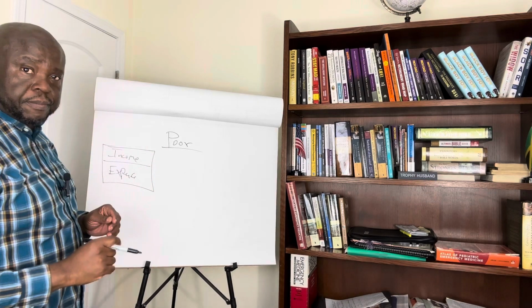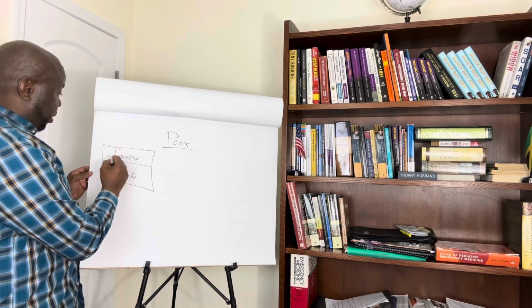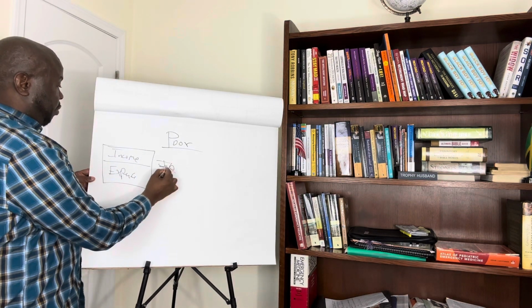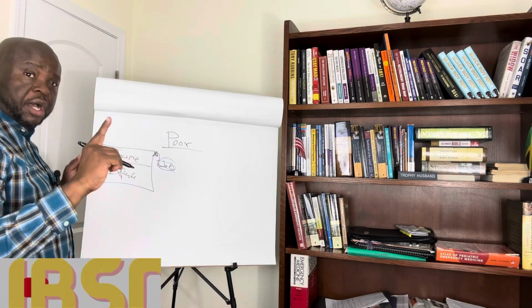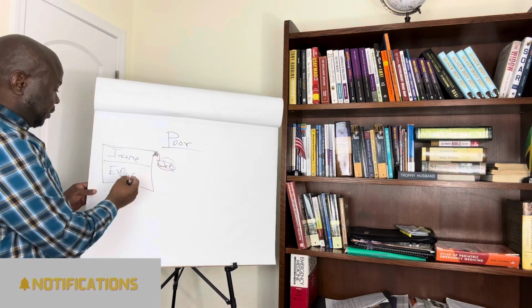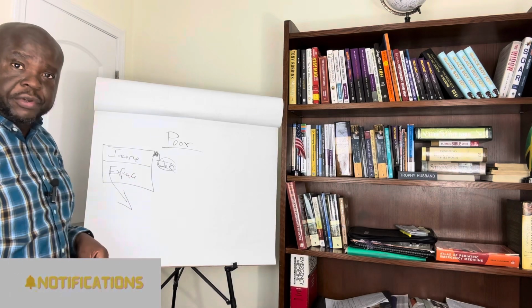The poor person. A poor person's income is going to be coming from their job, which provides a salary. You'll have one source of income. The money comes in, and then it goes straight out in expenses that we talked about on the previous page.